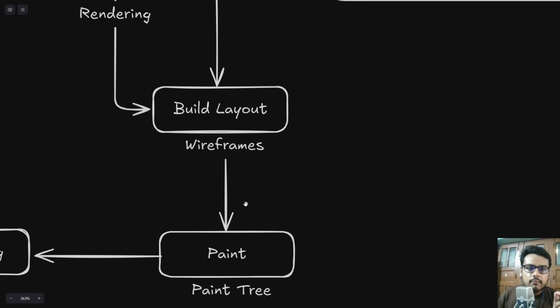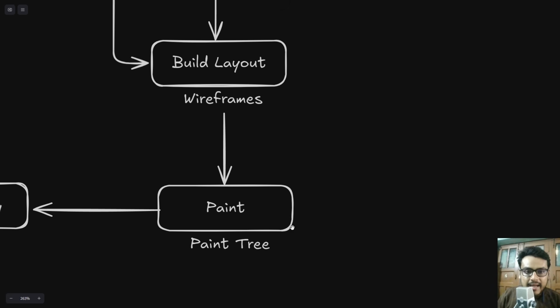During this wireframing, you create stencils on your canvas. That is, the div tag is going to take this much space, the p tag is going to take this much space, and then you paint those stencils with your colors. Okay, so this is the major step.